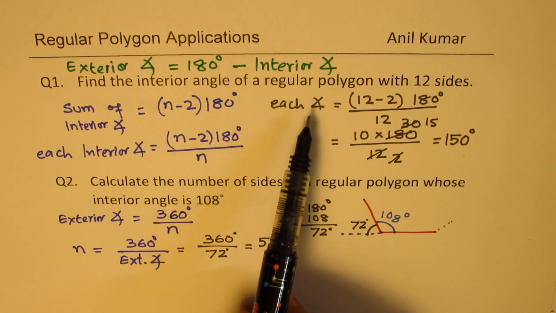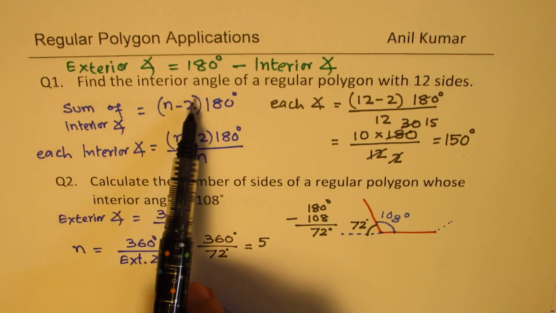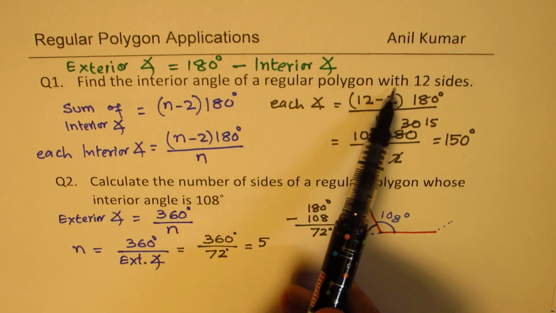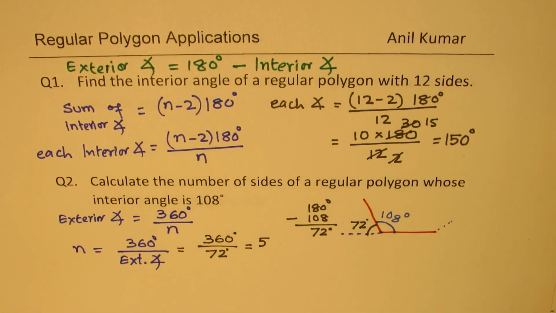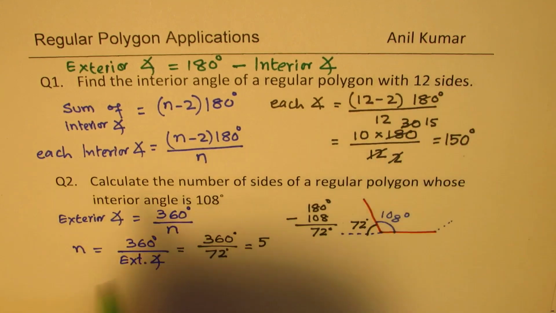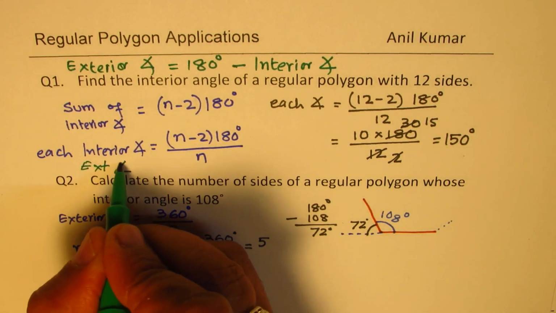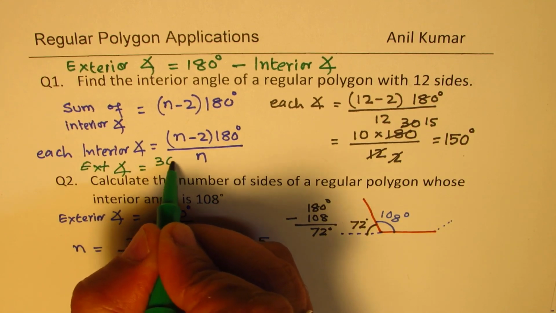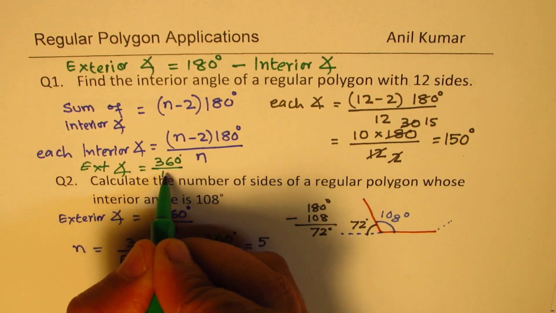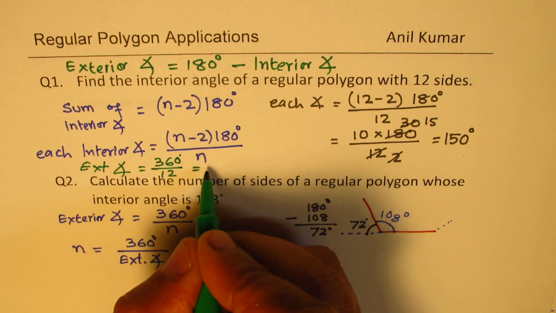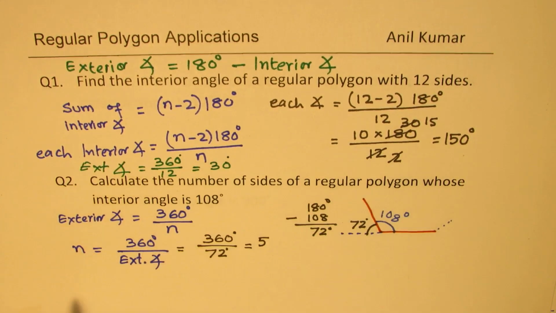Let's go back to question number 1. It says find the interior angle of a regular polygon with 12 sides. What I could do in this case, let me find the exterior angle. So the exterior angle will be 360 degrees divided by 12, which is equal to 30 degrees, right?